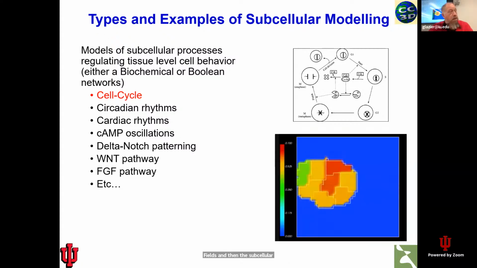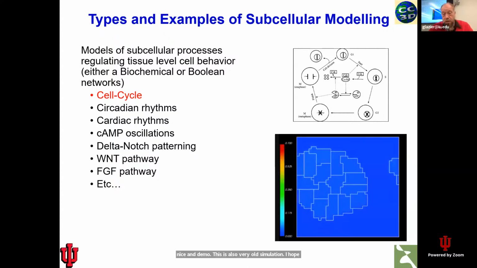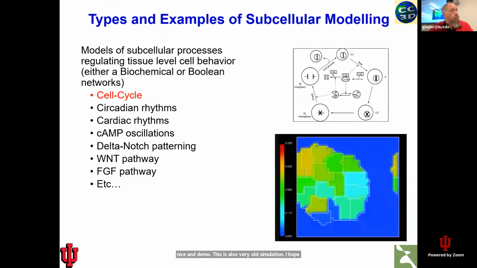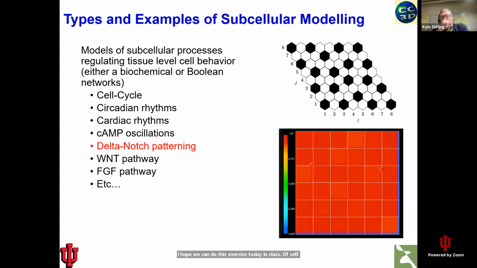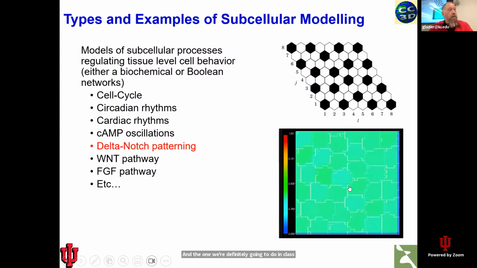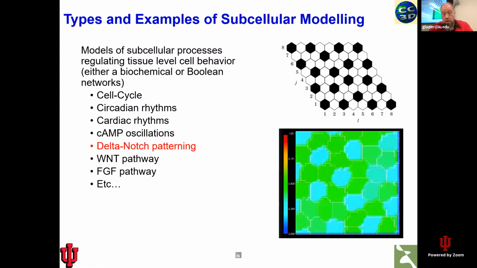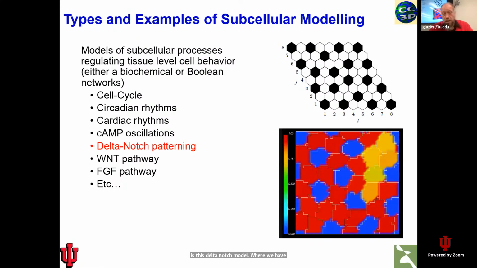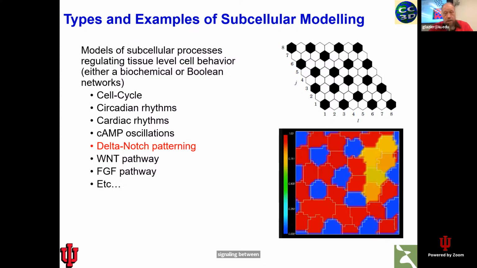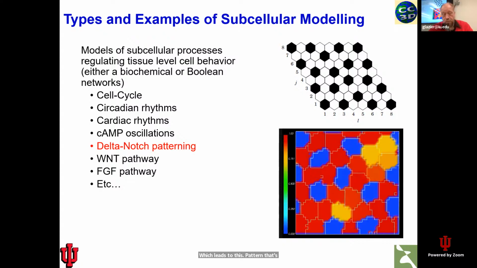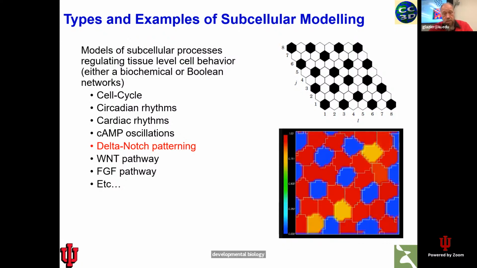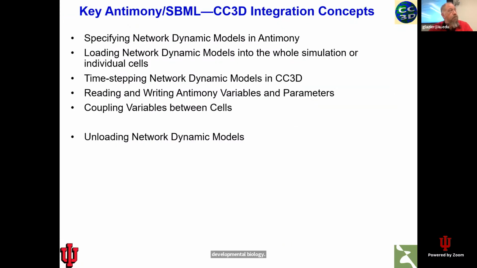In a sense, it's a nice demo. This is also a very old simulation. I hope we can do this exercise today in class of cell cycle. And the one we're definitely going to do in class is this delta notch model, where we have signaling between neighboring cells, which leads to this pattern that's very typical of developmental biology. That's a cross-inhibitory signaling pattern.